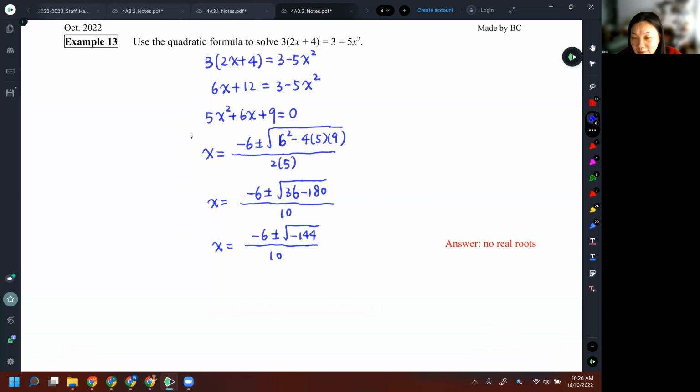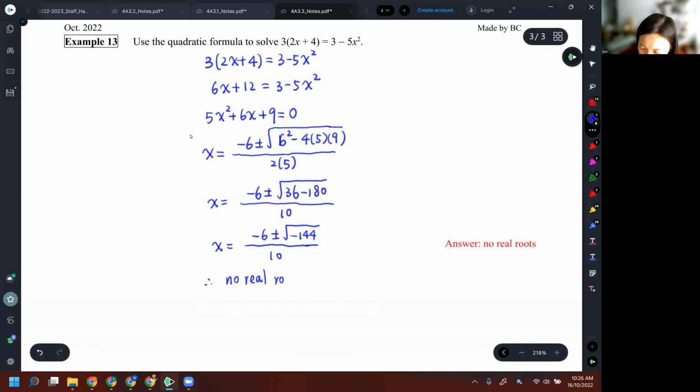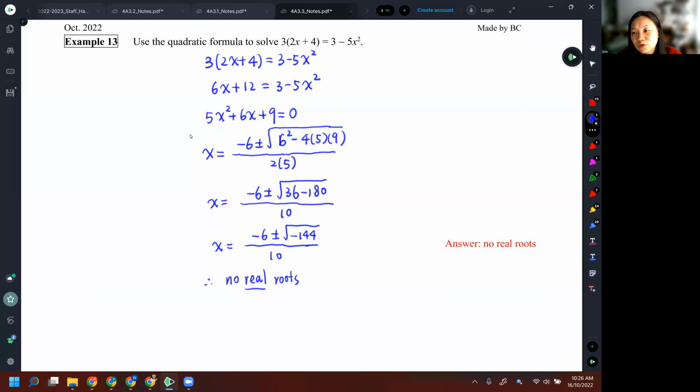Okay. Now, up here, you will know that since you have the square root of a negative number, this answer will turn out to be imaginary, right? In that case, you will write no real roots. Don't write no roots. Write no real roots because it definitely will have an imaginary root, right?